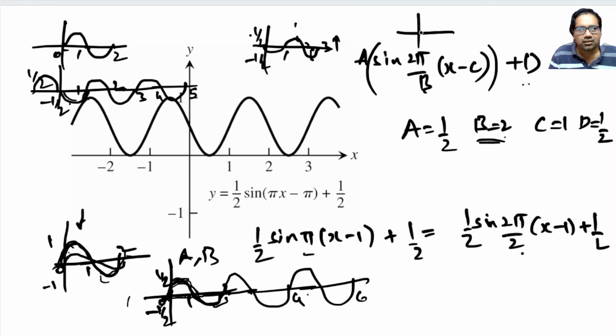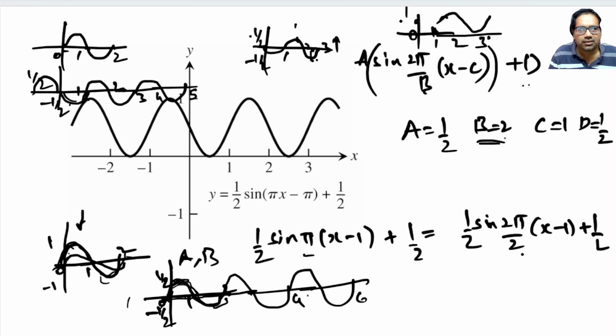So the graph will start from 1, like this: 1, 2, 3, and whatever was minus half becomes 0, and the highest point is 1, and this point is half. Okay, that is finally this graph.